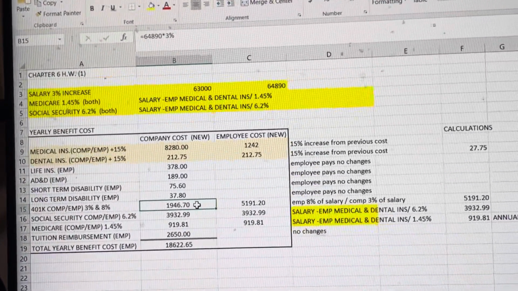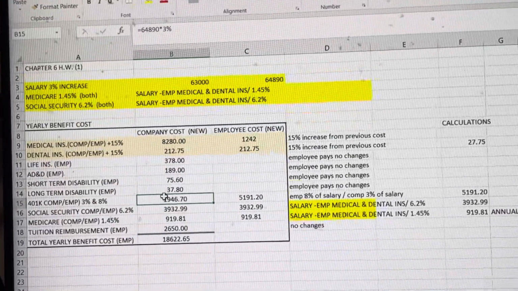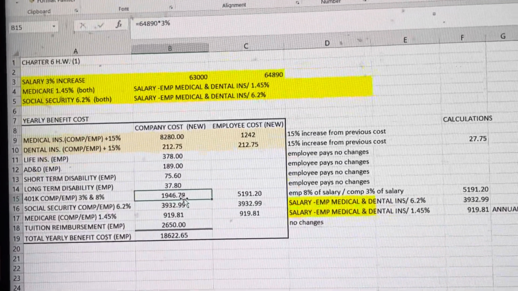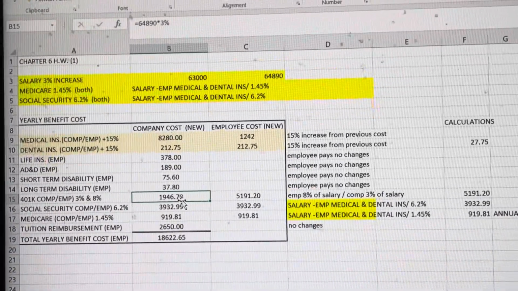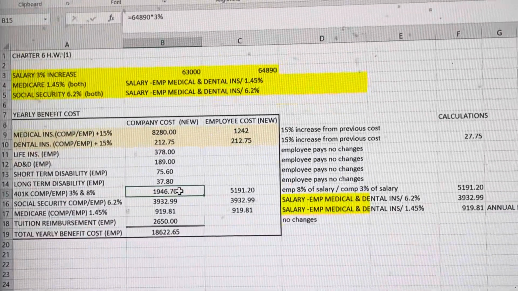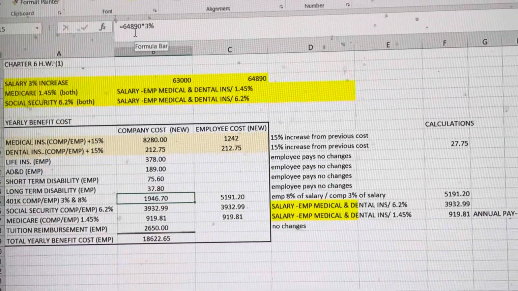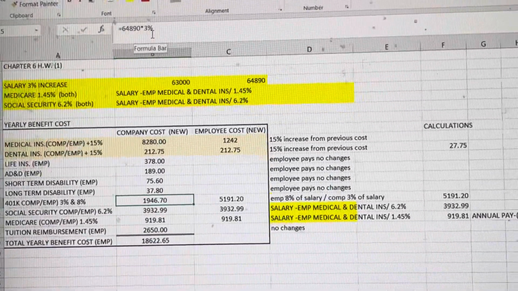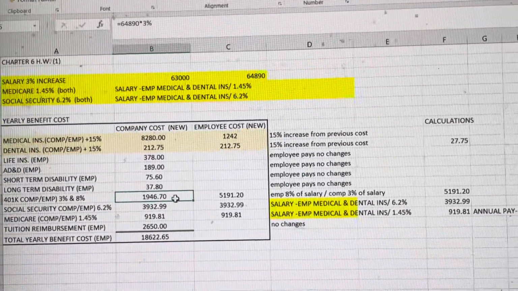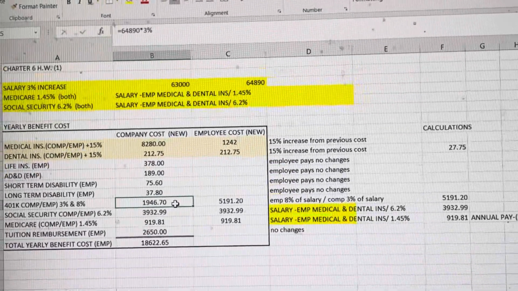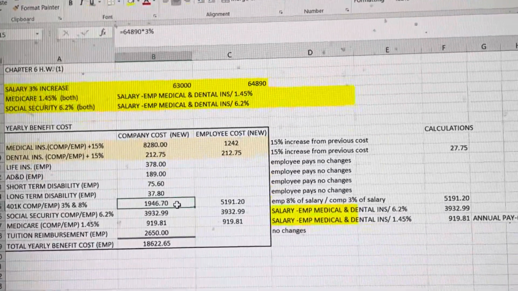So make sure that you know that there's a maximum. As of now, he still hasn't reached the maximum. So we just take whatever the salary is times 3%. This is how much the company will contribute to the employee.